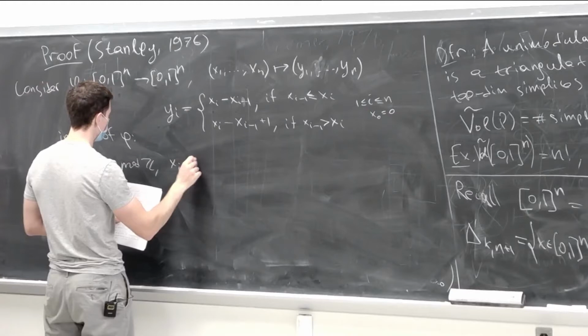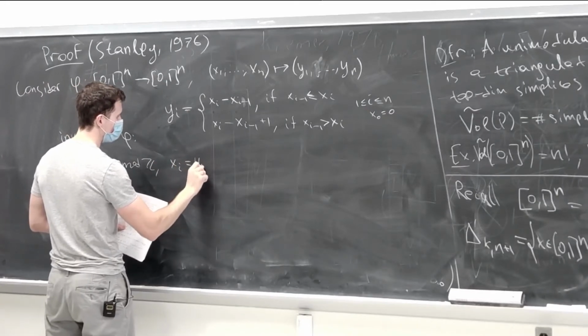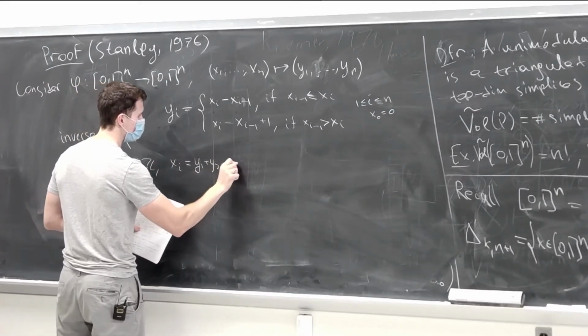So modulo Z, x_i is y1 plus y2, etc., plus yi.